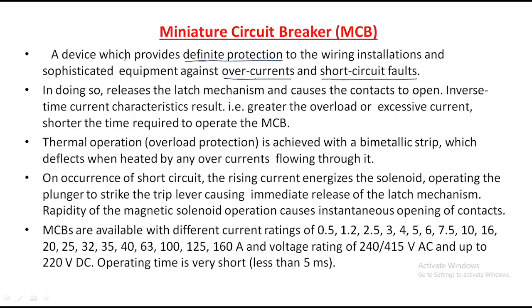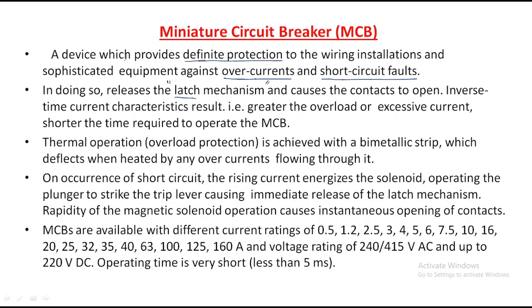In doing so, it releases the latch mechanism and causes the contacts to open. So in this miniature circuit breaker we have a latch mechanism. Latch mechanism means a releasing and holding mechanism is there.